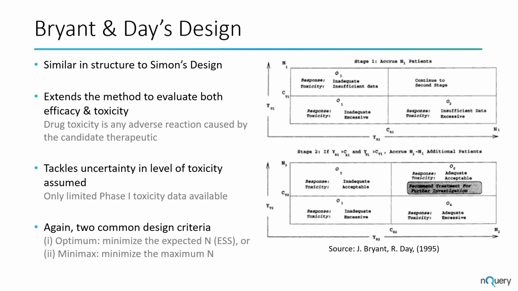Using this design helps to tackle some of the uncertainty associated with the level of toxicity assumed, as up to this point there's only limited phase 1 safety data available.